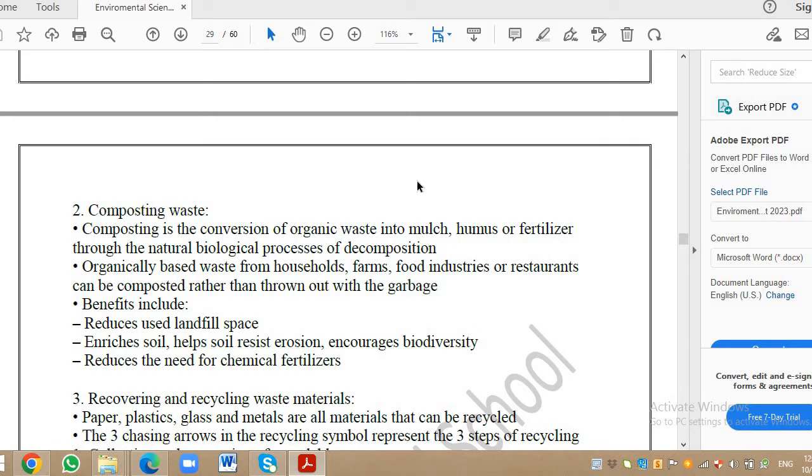That's what we give the soil to help in fertilization, or it's going to help in plant growth and so on. Okay. So composting waste is conversion of this organic waste into fertilizer or humus, something that is going to help in plants or plant growth.